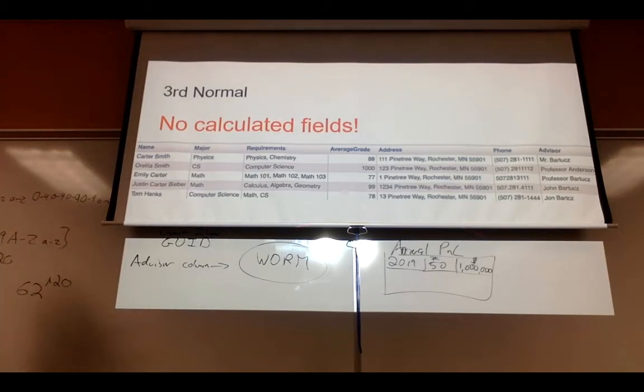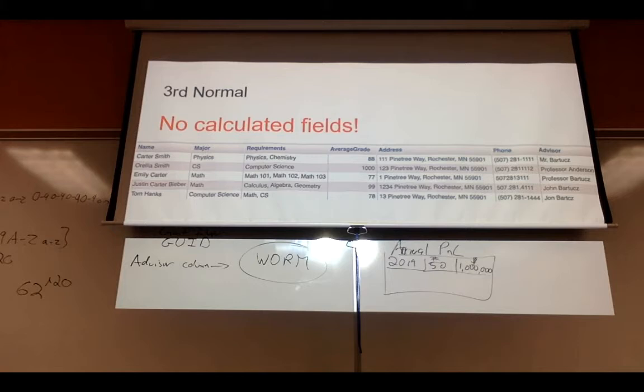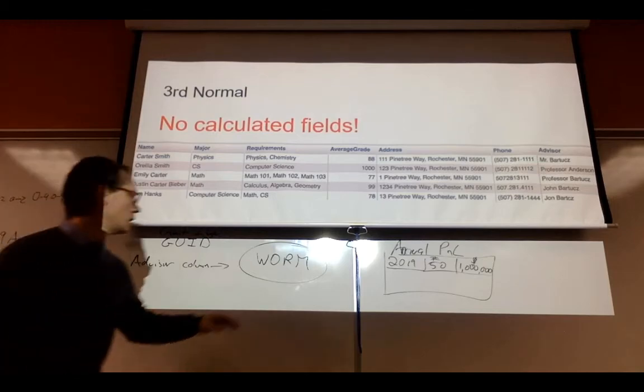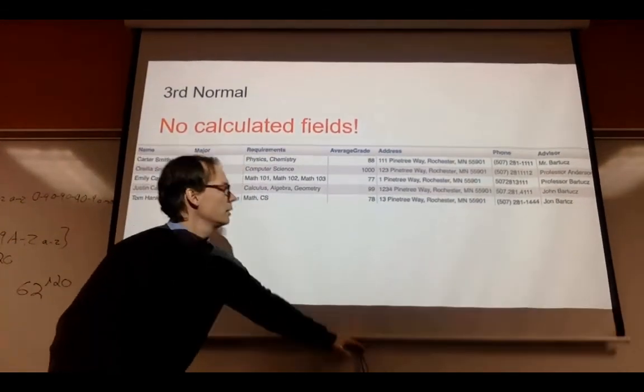You would rather know your average grade accurately based on what's in D2L, so it'll just calculate it on the fly, because there's at most 200 rows if you've taken a couple classes this year. So anyway, that is an exception for calculated fields.